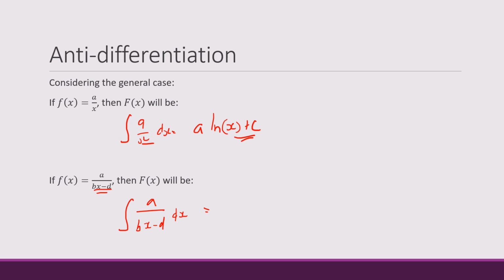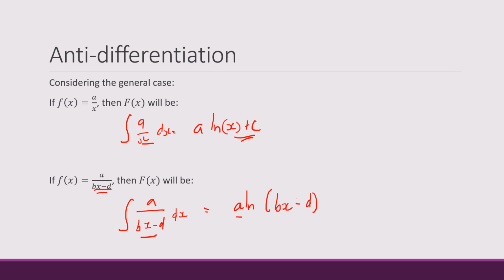Now, to start off with, our 1 on x rule says it will become a natural log of whatever's on the bottom, bx minus d. But if we were using our chain rule, we would multiply by the derivative of what's in brackets.